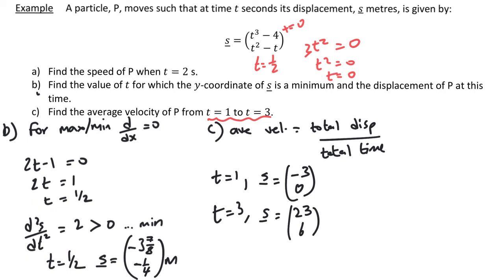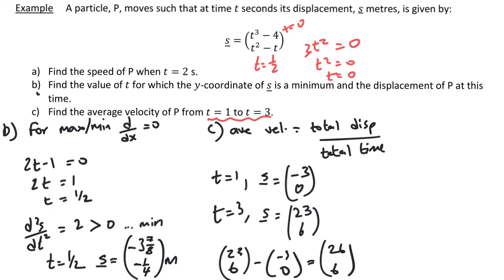So the total displacement is going to be the change in the displacement. So we'll do 23, 6 minus minus 3, 0. So that's 26, 6. So really we can see in the i component it's gone from minus 3 to 23, so a distance of 26. And in the j component it's gone from 0 to 6, so that's a change of 6, so it's 26, 6.